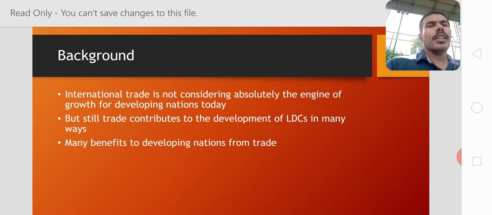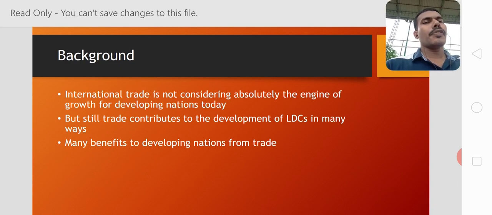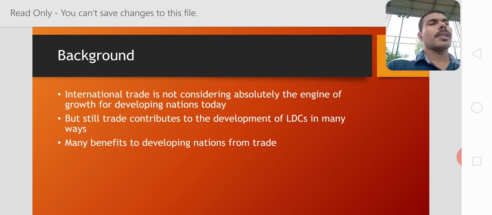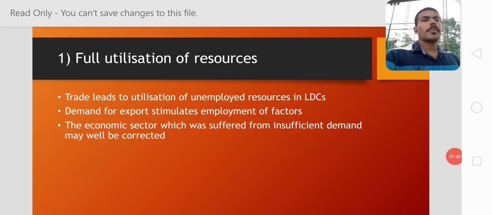For example, international trade still contributes to the development of developing nations in many ways. Let's discuss the ways in which international trade is benefiting both developed and developing nations. So let's start the presentation.